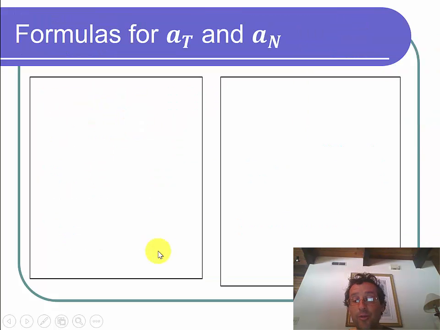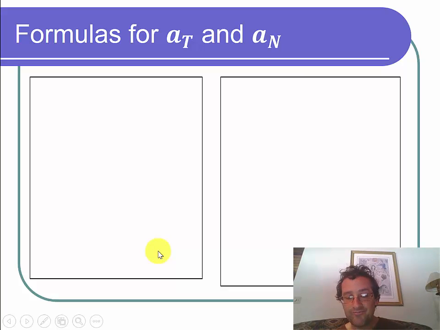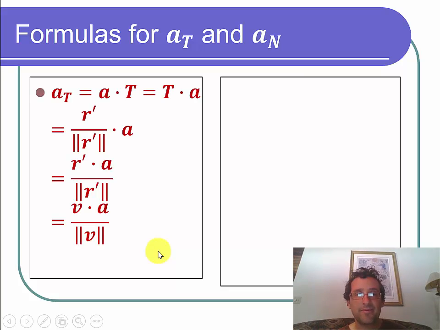So let's get some formulas for these. I'm going to derive a formula, or a bunch of formulas, for a sub t, and I'm going to let you play around with a sub n. I'm going to show you the formulas and let you see that they're true. So let's start out with a sub t. We know a sub t is equal to a dot t.